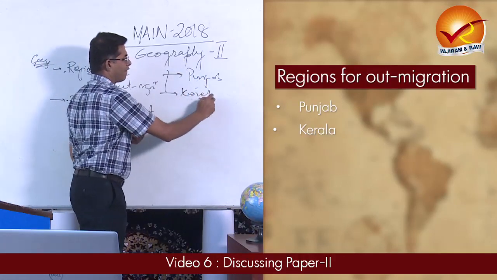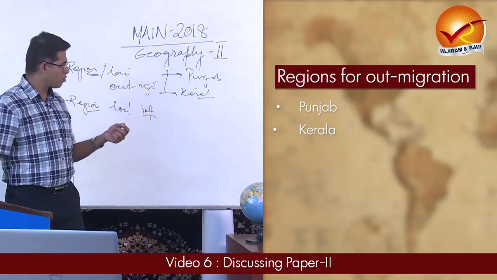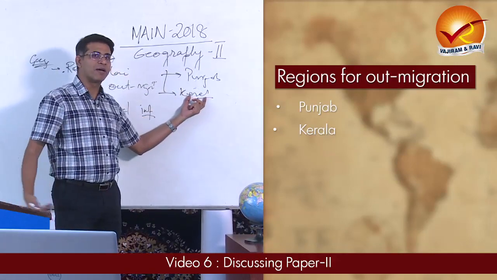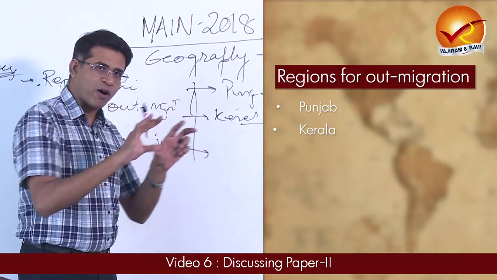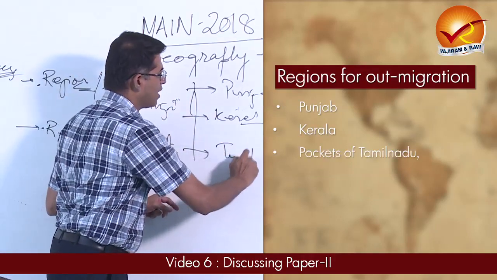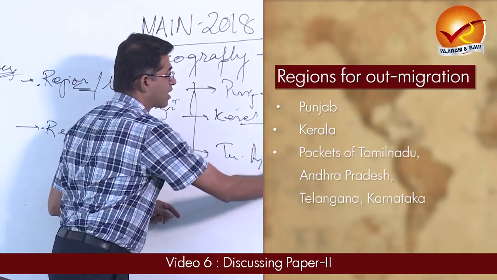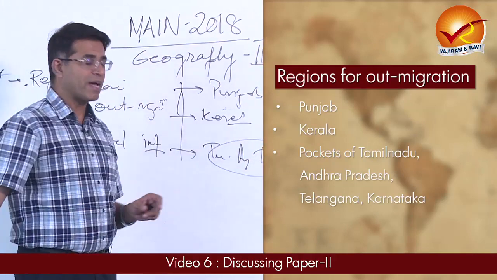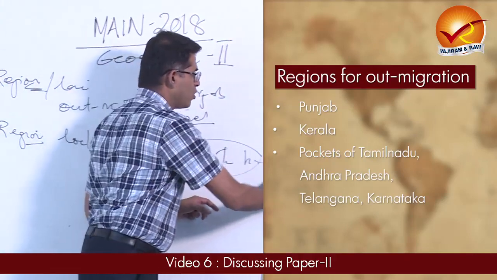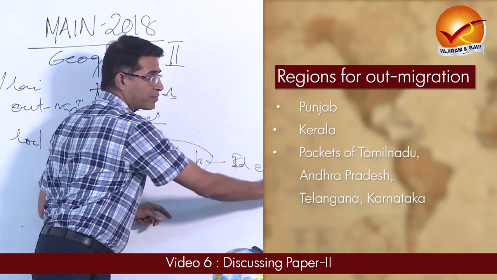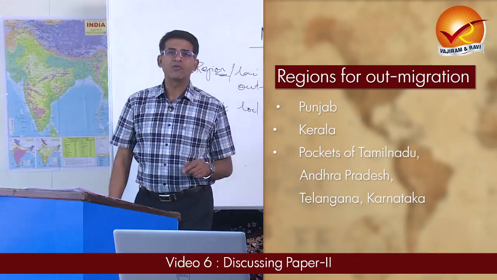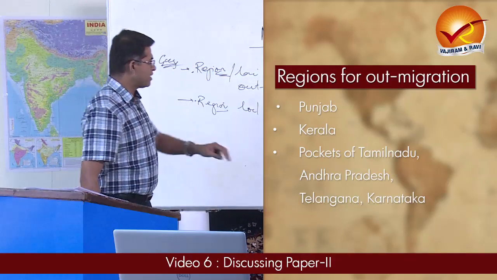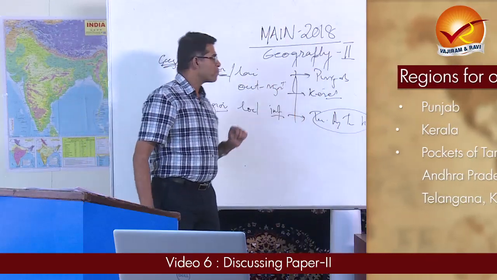Kerala is a very important area. A lot of the population has moved out from here to the Middle East. And then we have a lot of pockets across Tamil Nadu, Andhra Pradesh, Telangana, Karnataka, where the out-migrants have been the educated elite, mostly the software engineers who moved out to the US, and the families have been left behind.